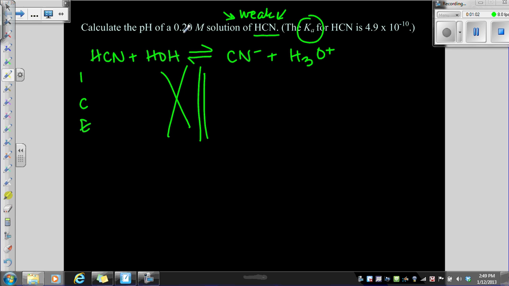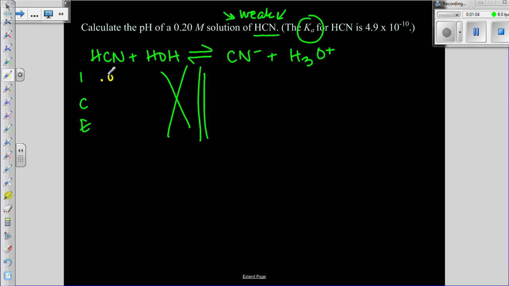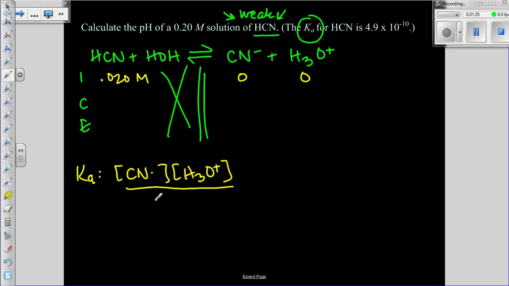So the next thing I do is I'm going to include my molarity. Under my cyanic acid, I have neither of these ions to start, before this has ionized. And then I'm going to write my expression. So Ka will be equal to the cyanide ion concentration times the hydronium ion concentration divided by the concentration of the weak acid.